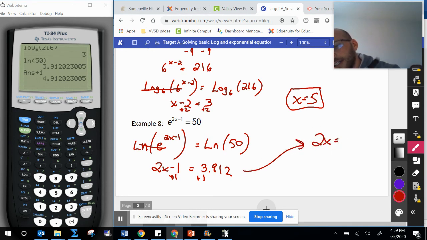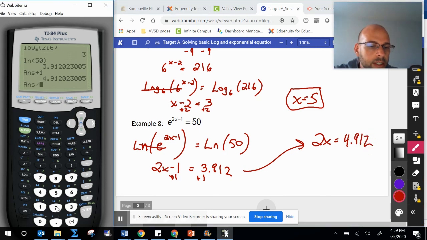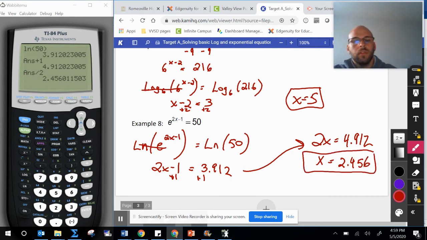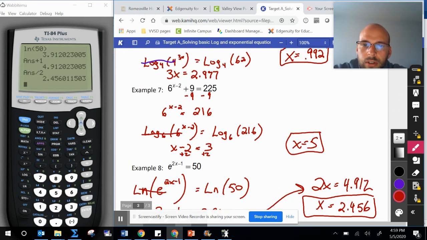I have a 2x is equal to a 4.912. And then if I divide that by 2, I get x to be approximately 2.456. Okay, so that concludes our lesson on solving basic logs and basic exponential functions.